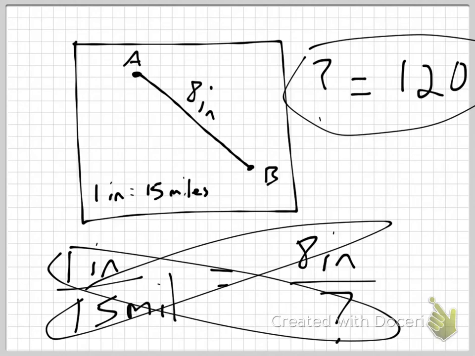Okay. Let's see if you guys can do a couple of these here. Let's do number 5. When they ask you for a scale, what they want is you to break down one of them to where it's a number 1.